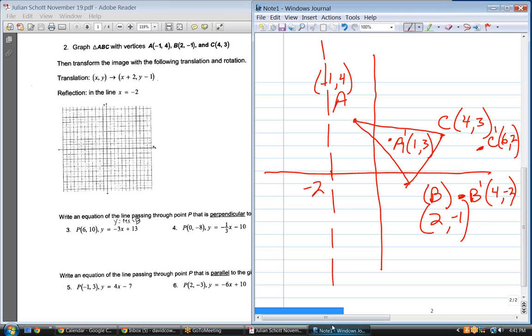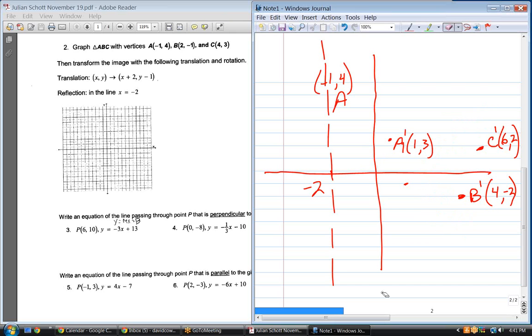Let's deal with A prime first. In fact, I am going to erase the original triangle, the original C, and the original B, because it's confusing the issue, so that the only 3 points I have are the 3 vertices that have been translated. But do you need to use the original triangle over again?